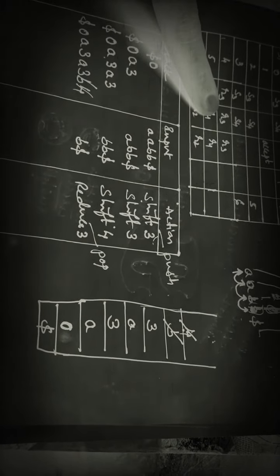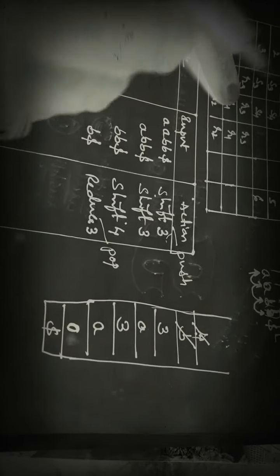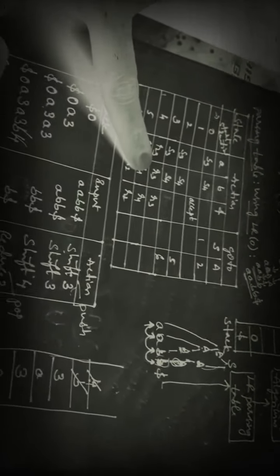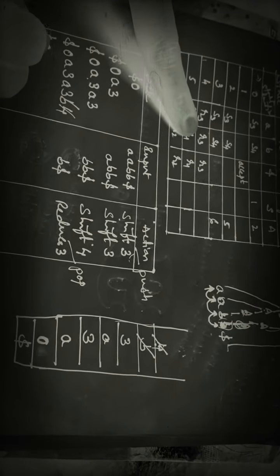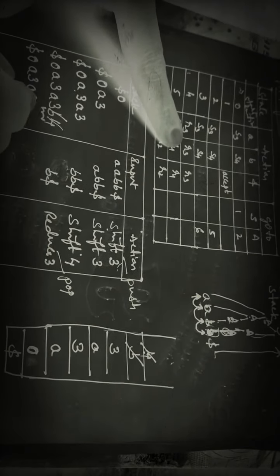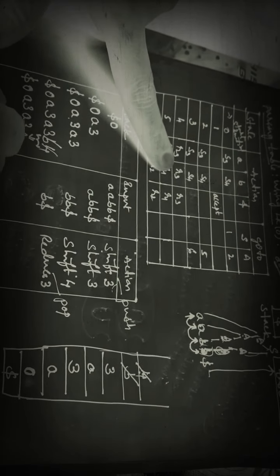So that is 4 and B will be removed, means popped, and then replaced by the left side variable, that is $0 A3 A3. We have popped these two elements and replaced them by A.